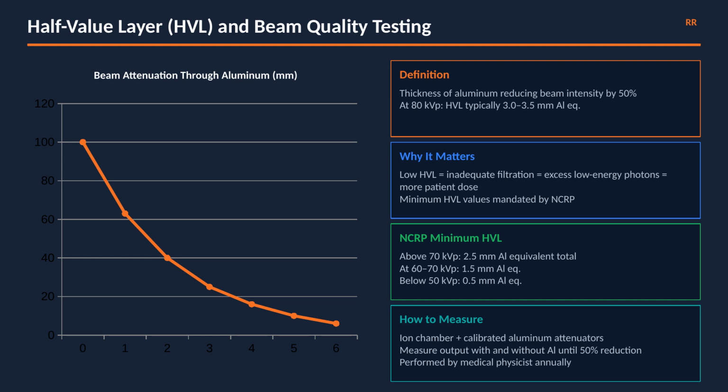Below 70 kVp, 1.5 mm aluminum equivalent. Above 70 kVp, minimum total filtration of 2.5 mm aluminum equivalent, which produces a corresponding minimum HVL. How to measure it? A calibrated ionization chamber plus aluminum attenuators of known thickness.